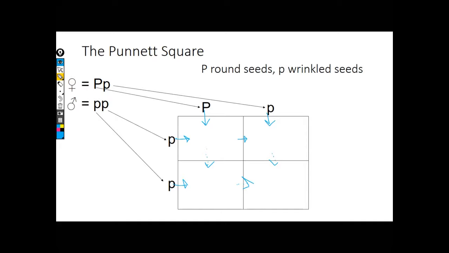Now, when I'm writing these in, I want to make sure that I write the capital letter or the big letter first. Right, so in this first box, you see I have a big P and a little p. And I want to make sure that I write the big P first.